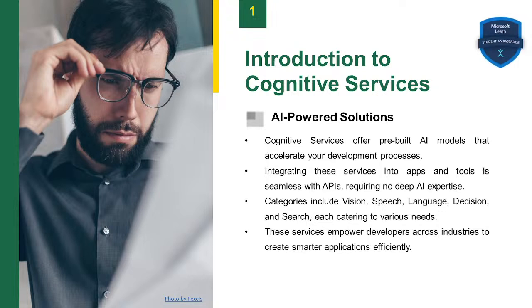These tools are used across industries like healthcare, finance, retail, and more, making AI accessible to organizations of all sizes, from startups to large enterprises. Everyone can benefit from Microsoft Cognitive Services.